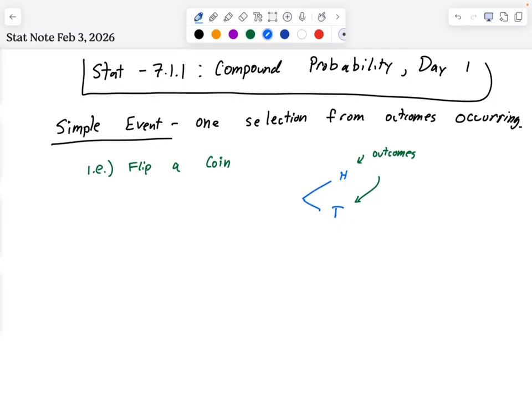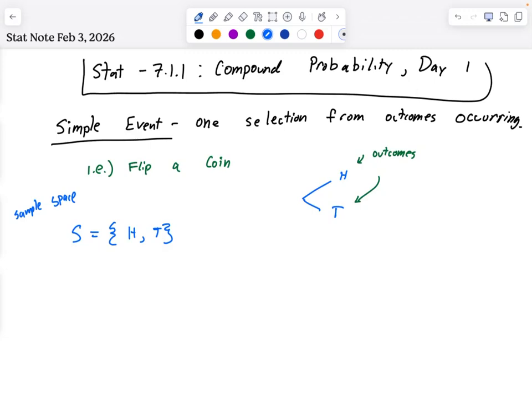We've also denoted S, which, if you forgot, means sample space, is brace, a heads, and a tails. So just some different notations for you to see. So heads, tails, there are two outcomes.